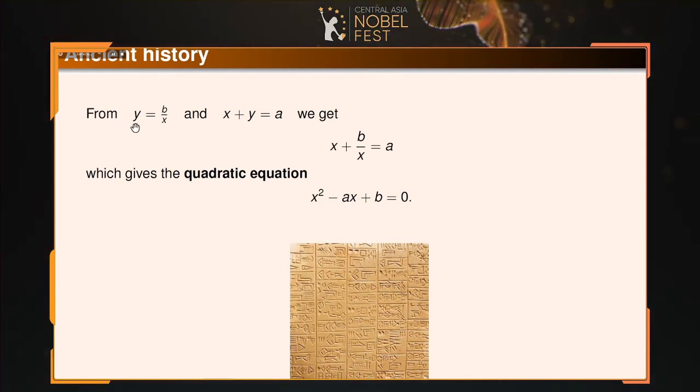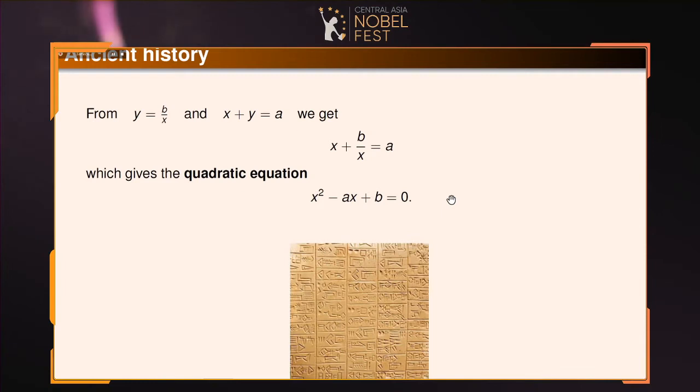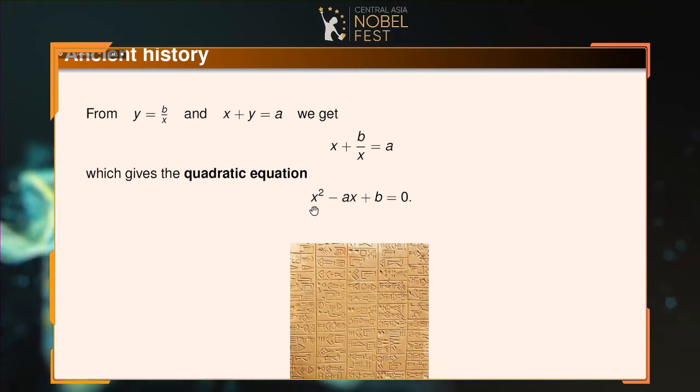So since we know that x times y is equal to b, and x plus y is equal to a, we can rewrite this in this single formula where x plus b over x is equal to a, which we can also translate into this equation, x squared minus ax plus b. So this is a degree-2 polynomial with only one unknown, one variable x in it. We already know a and b, and we want to find x.